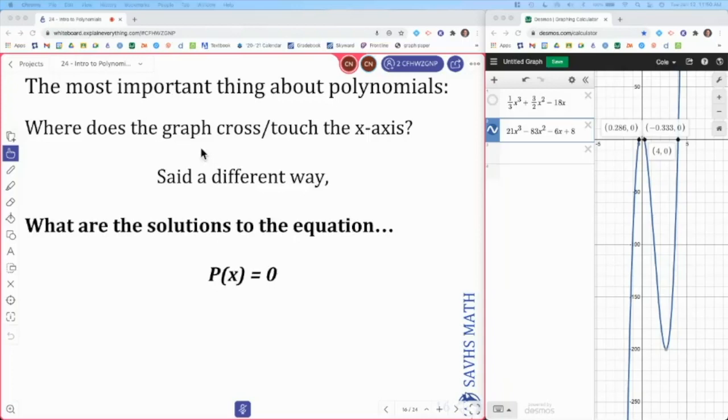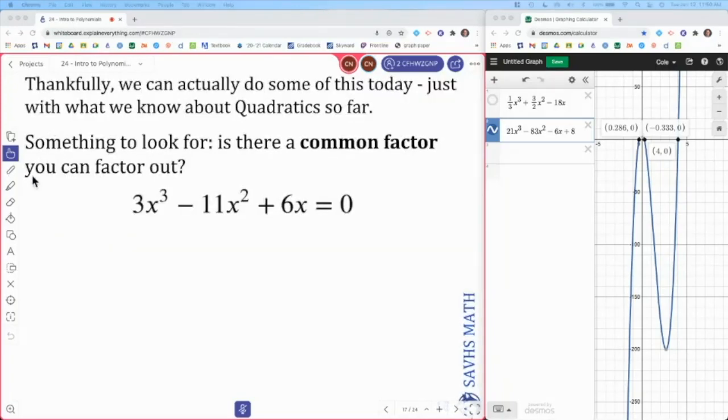So we know some stuff about this. If you follow along with me, you can just use typing. You can add text boxes on Nearpod. But what I notice here is that there's an x in every single piece of this polynomial. So if we look at this, we could write this as x times some stuff.